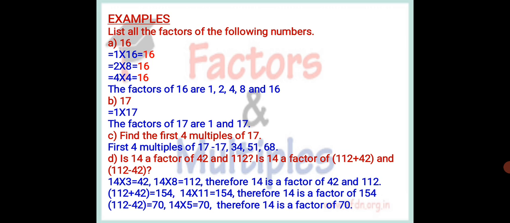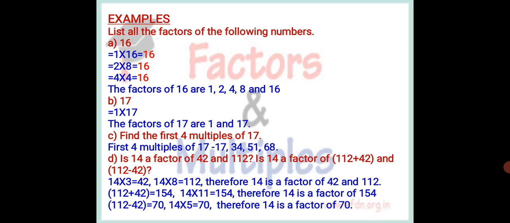Question number C. Find the first 4 multiples of 17. The first 4 multiples of 17 are: 17 ones are 17, 17 twos are 34, 17 threes are 51 and 17 fours are 68.